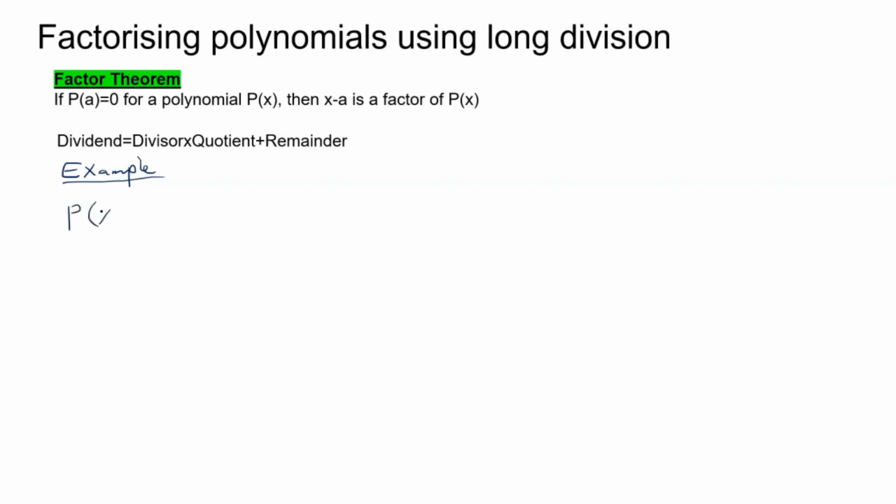Let's say I have a polynomial with this expression, and x minus 2 is a factor of this polynomial, and I want to use long division. When x equals 2 is substituted back into the polynomial, that gives us a zero answer.